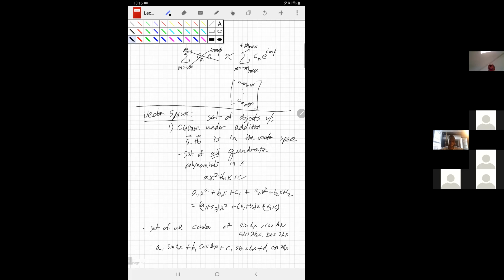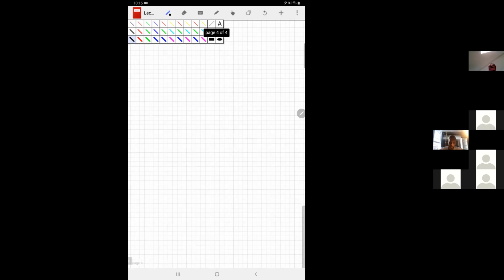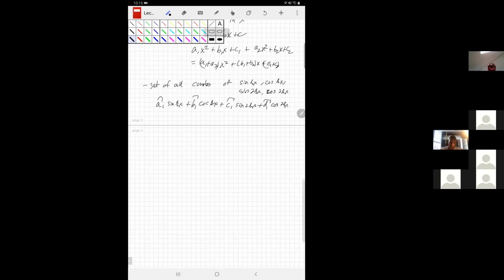There, I've just defined a function in terms of 4 coefficients, right? Just said, hey, here's a function that's defined in terms of these 4 coefficients. And I could add to it another function defined in terms of the same 4 coefficients.